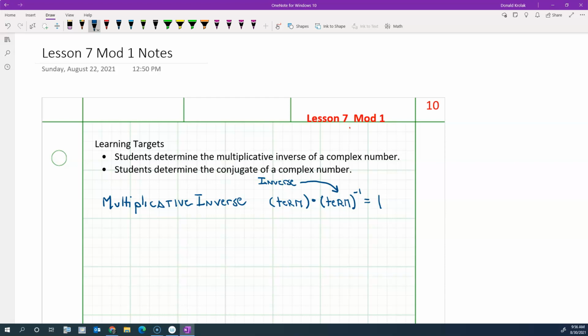So, for example, if I had a term, five, well, its inverse would be 1/5, because when you multiply those, you get 1.